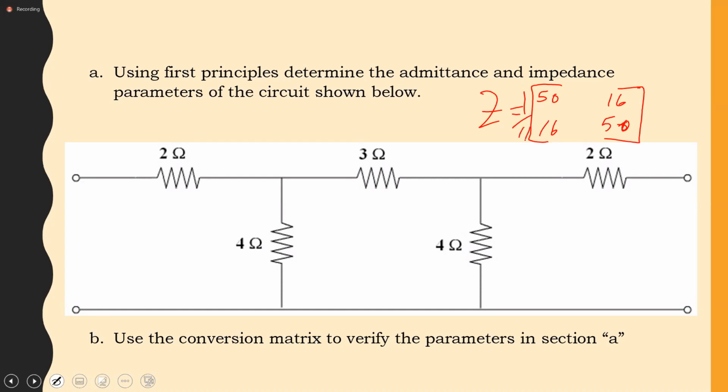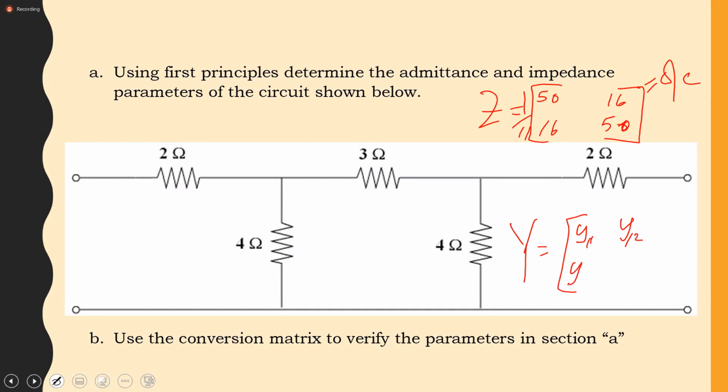I don't know if this is right. If it's right, that's good. What do you need to do? These are the open circuit parameters. All right? What you need to do to determine whether or not you're correct is to go and find the Y parameters, whatever they work out to be.